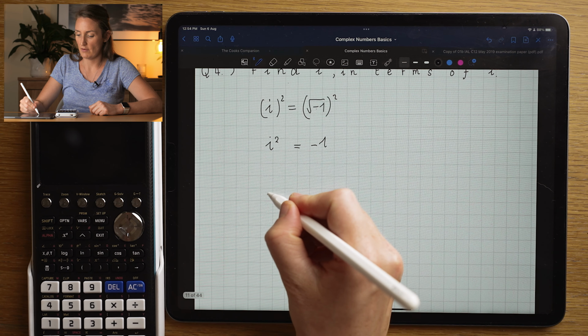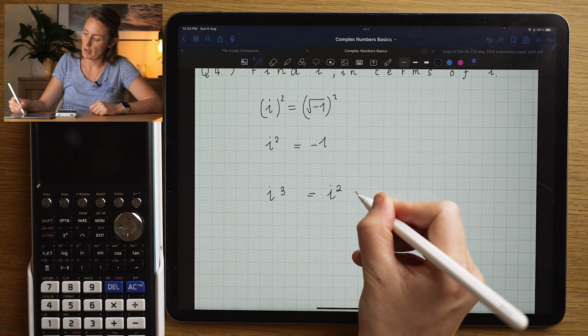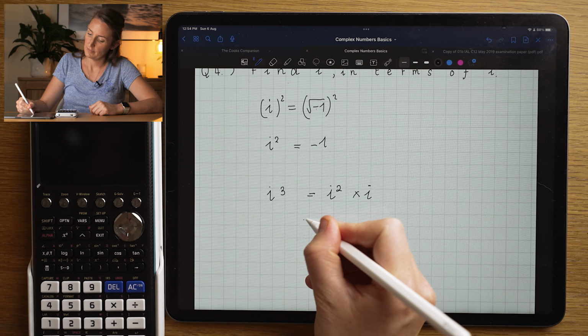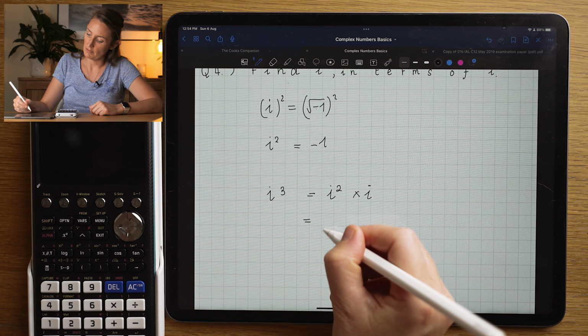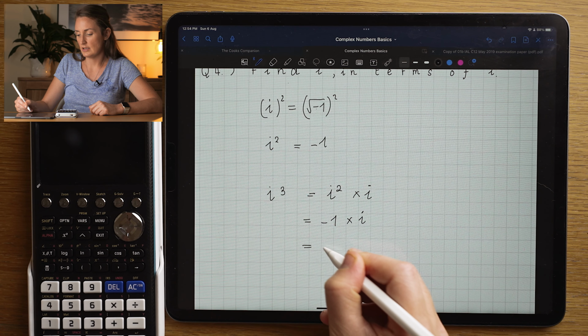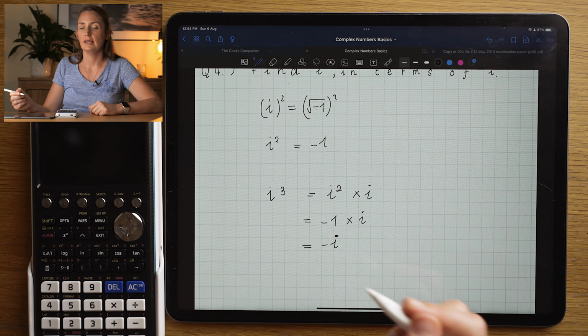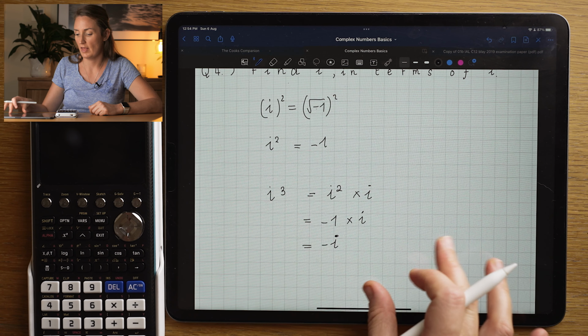In this case, I've got i cubed, which I'm going to rewrite as i squared times i. i squared, I'm going to rewrite as -1. -1 times i is equal to -i. In fact, every power of i can be written as either 1, -1, i, or -i. Even i to the power of 1,000 or 10,000.